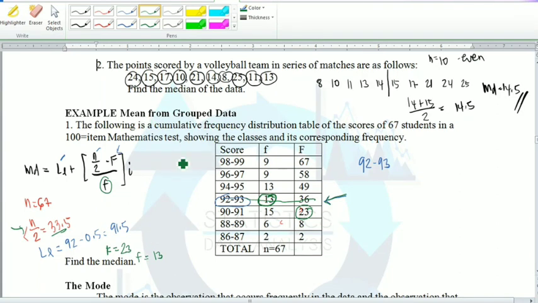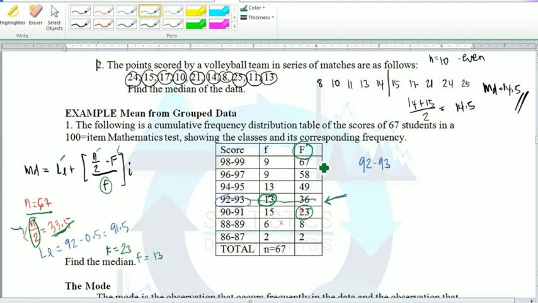Okay, again, the first step is to determine first your N. After that, determine the N over 2 to locate the middle class. Once you determine the middle class, hanapin mo siya dito sa less than cumulative frequency mo, kung nasaan siya nabilong. So, hanapin mo dito kung saan yung greater or equal sa 33.5 mo. And in this case nga, dito sa 36.